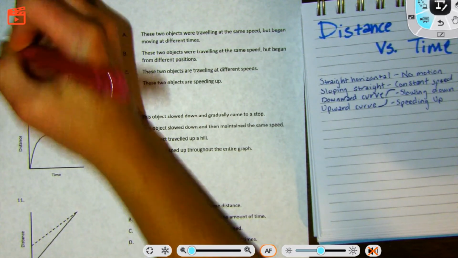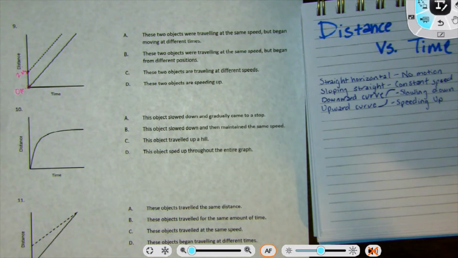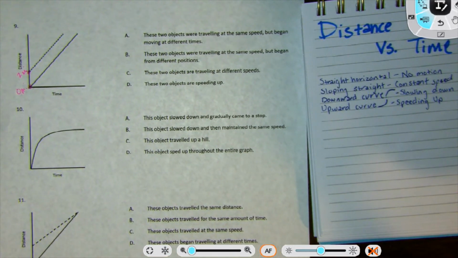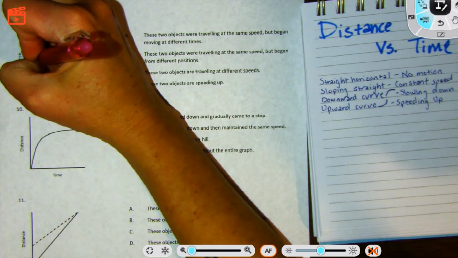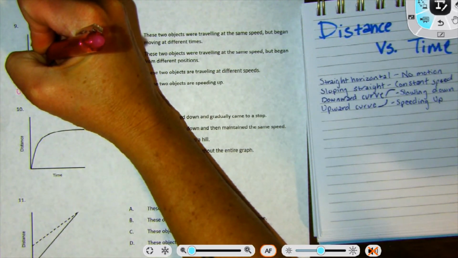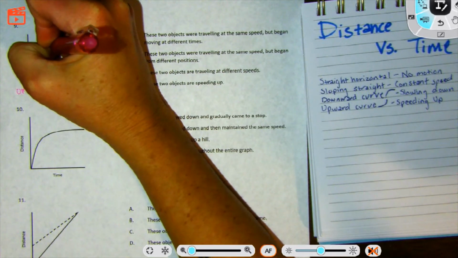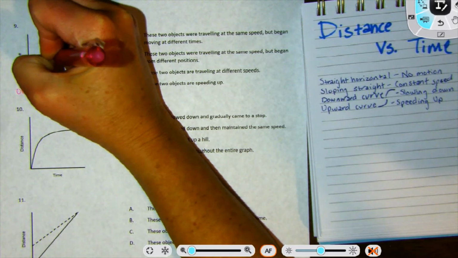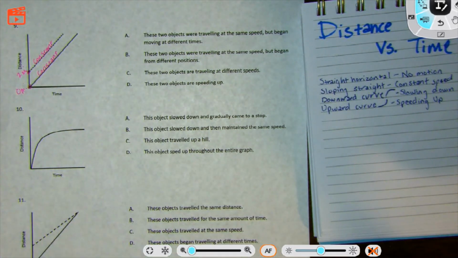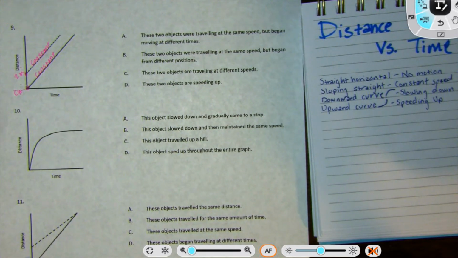So they started at different distances. They're both straight lines, so that means they're constant. Y'all know I can't spell. I had to think for a second. Okay, so they're both constant. You know, they're parallel. It seems like they're probably going the same speed.